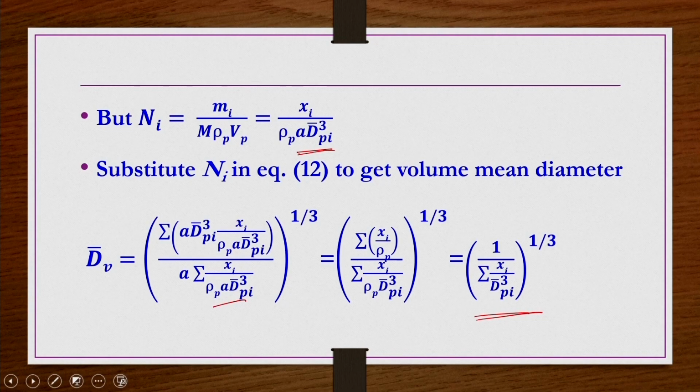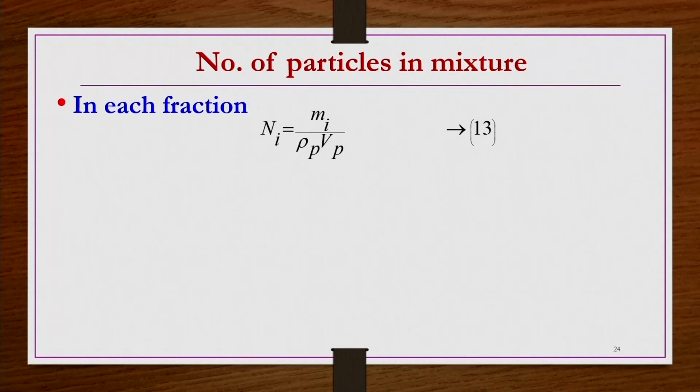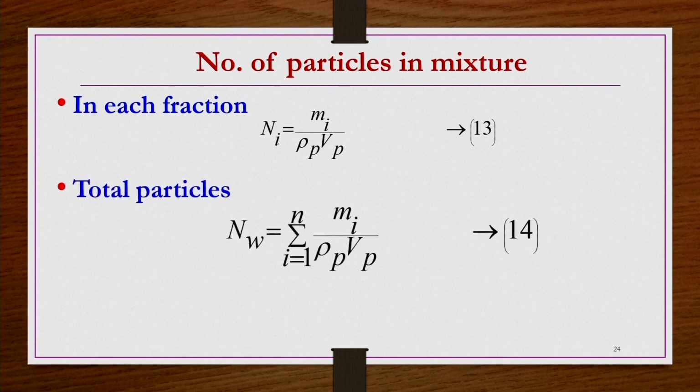You will get (1 / Σ(x_i / d̄_pi³))^(1/3), the cube root of 1 / Σ(x_i / d̄_pi³), which is the volume mean diameter. Then the number of particles in the mixture, as we have already discussed, is m_i / (ρ_p V_p) for one particular fraction. The total number of particles N_w is the summation of m_i / (ρ_p V_p) for a given mixture.